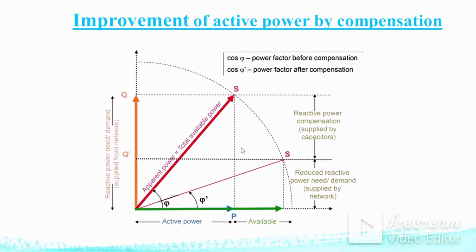So initially, in the power system network we have considered, this capital Q is the total magnitude of the reactive power required by the network, and P, on the horizontal axis, is the active power demand by the network.